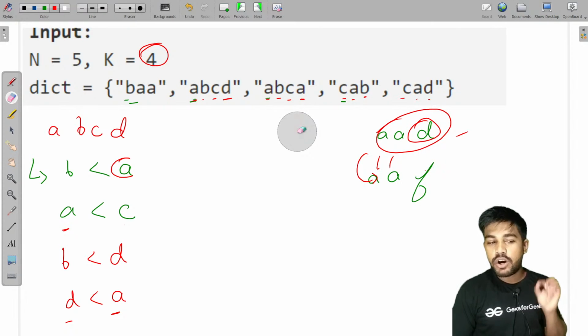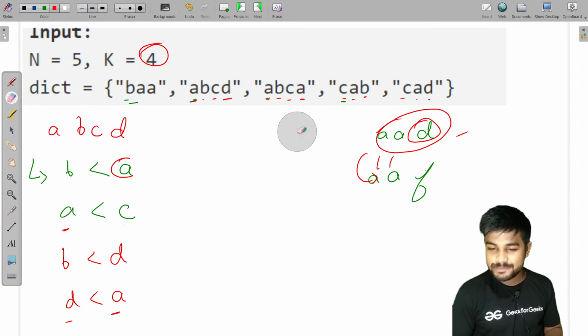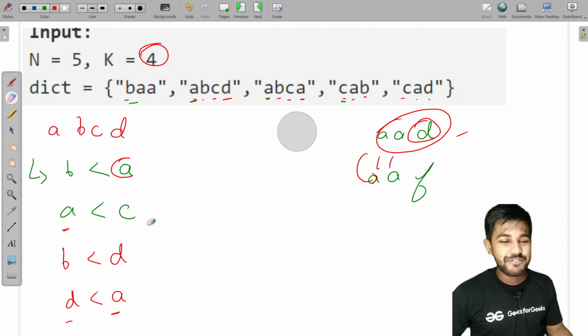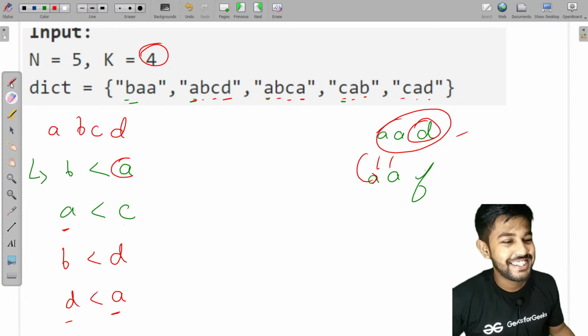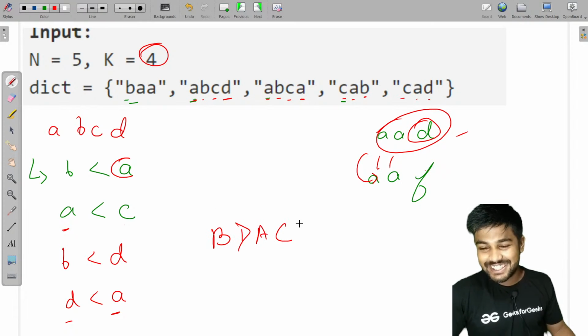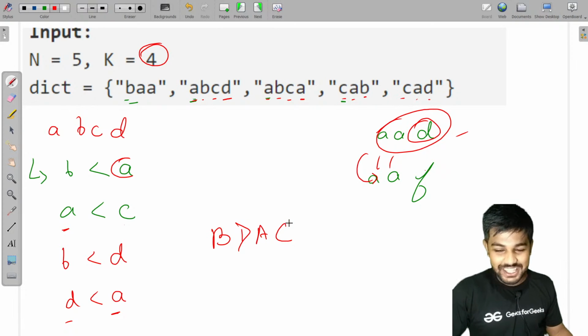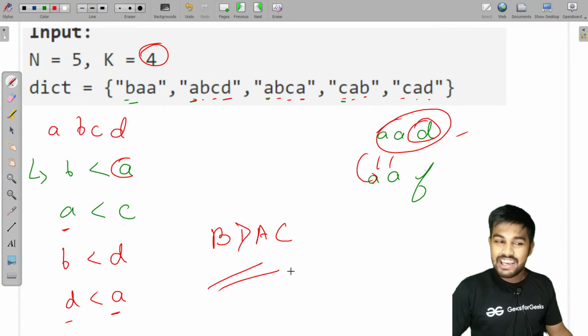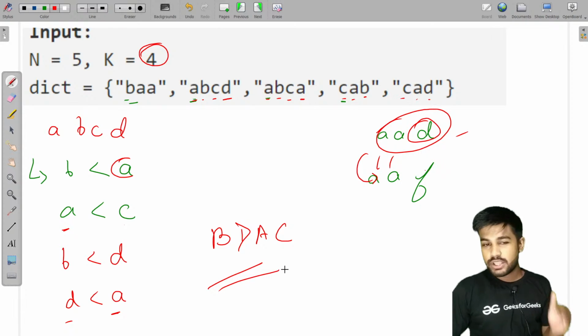It is quite simple. Can you tell me the relations? BDAC. Yeah, absolutely. That is how you can draw the conclusion.